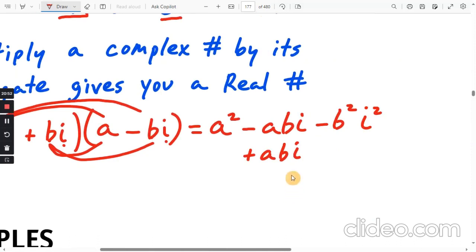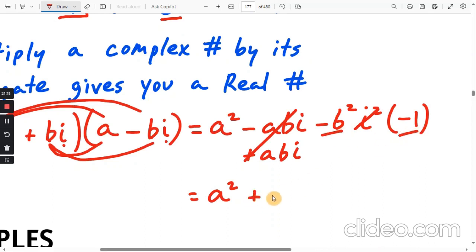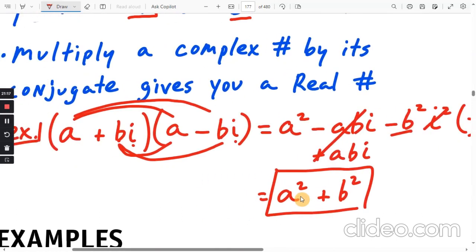All right, we said before i squared is the same as negative 1. So we have a squared, negative abi and positive abi cancel. And negative b squared times negative 1 is going to be positive b squared. So, let's see.